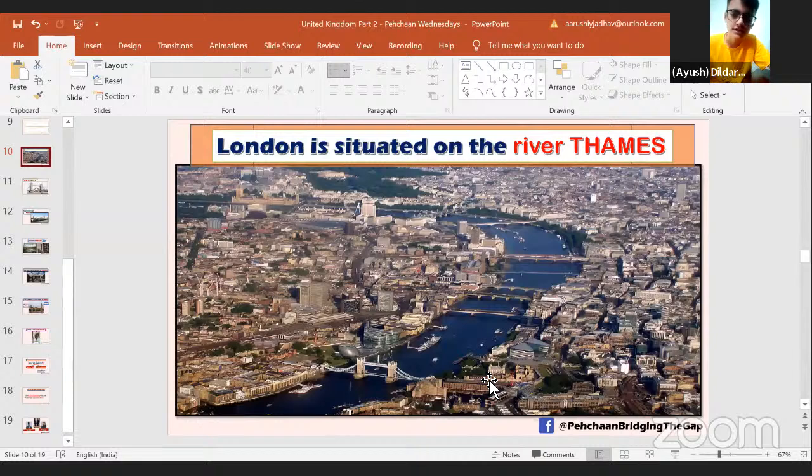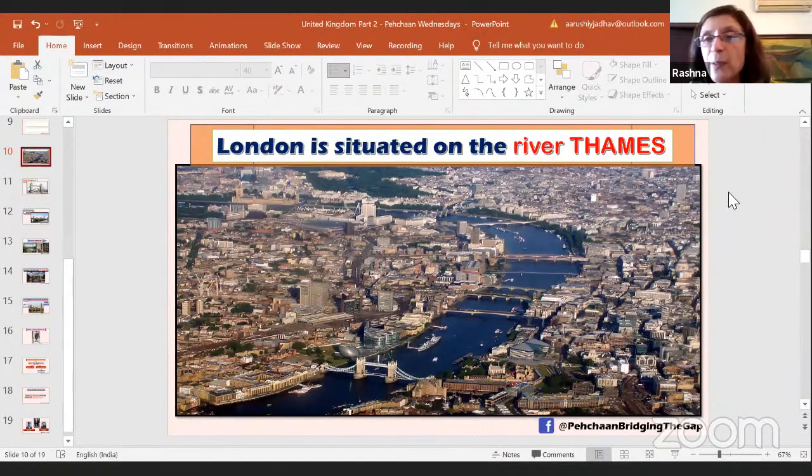Because of natural resource. What natural resource, Dildar? Water. Water is available for the city. Very important. Farming is also very important. Any other reason? Excellent reasons, Dildar, for people to settle down near water, because you get water, and for farming.